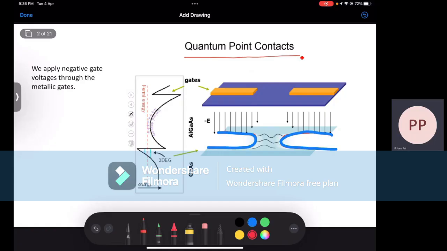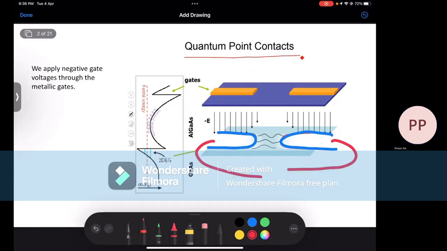So I'll write: no electrons. Okay. But the constriction is so small that it is of the order of the wavelength.